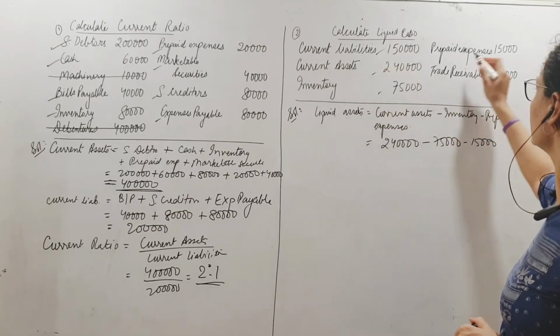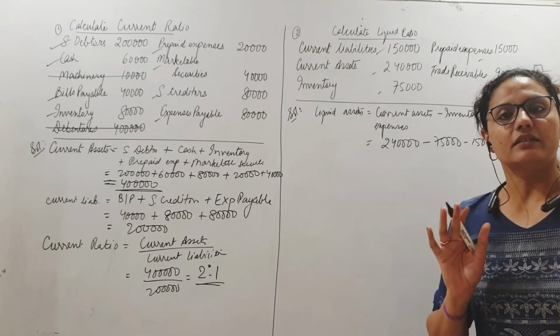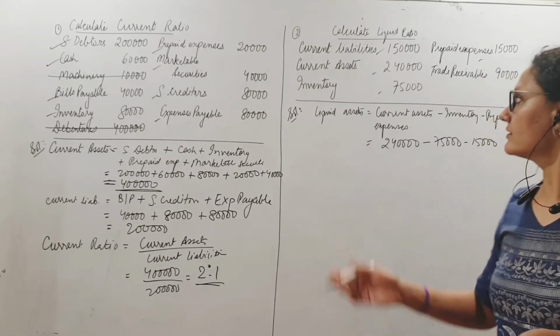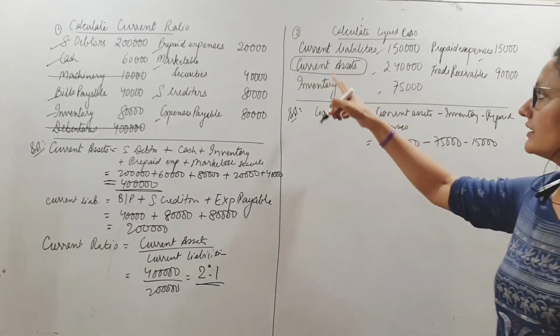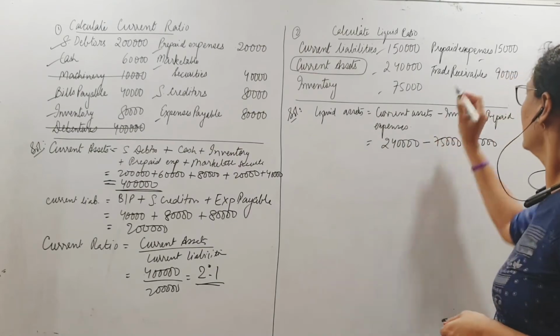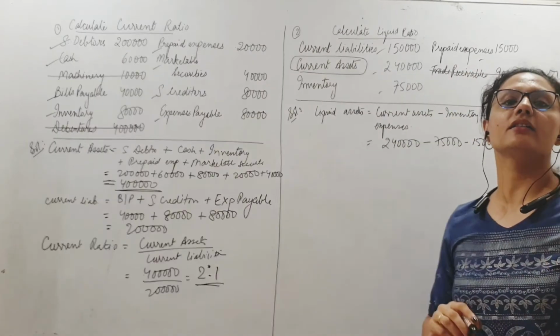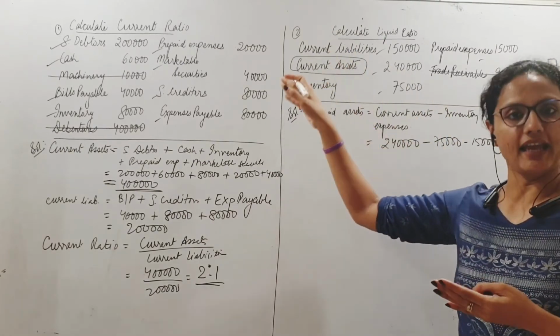I've taken this. What am I supposed to do with trade receivables? Trade receivables are current assets, and current assets are given to me here. Is it said current assets except trade receivables? No. That means this is a redundant information for me. I don't need this, it is additional. ये current assets में already है.